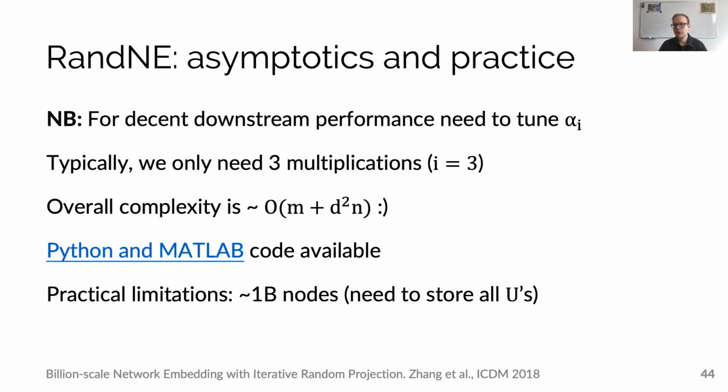The only downside is that we need to store all the embedding matrices, and when you have 1 billion nodes, I think the embedding matrix is something like 300 gigabytes, and you want to store that in memory for fast multiplication. So it's better that you have a lot of memory if you really do want to process huge graphs. This method is a decent thing to try.